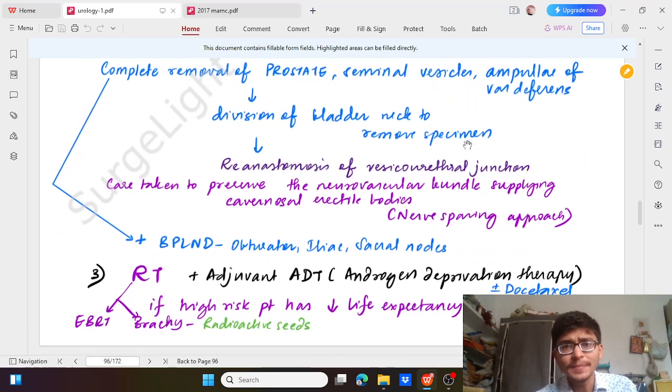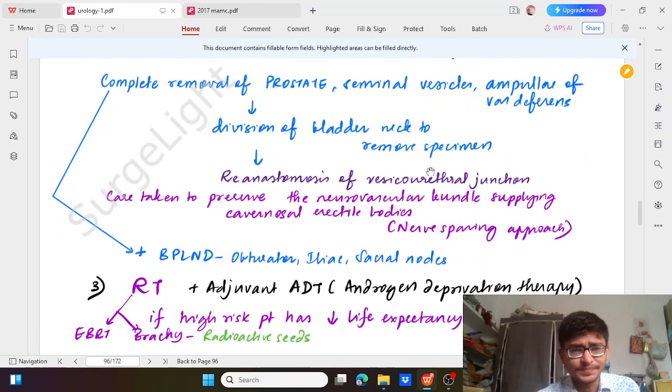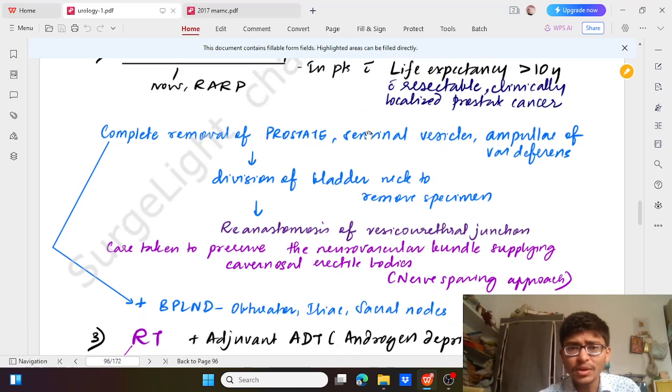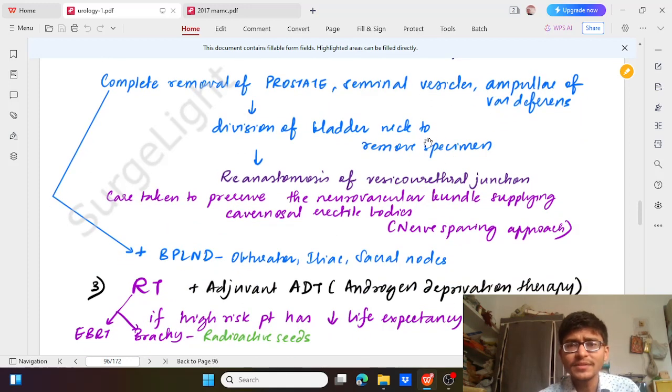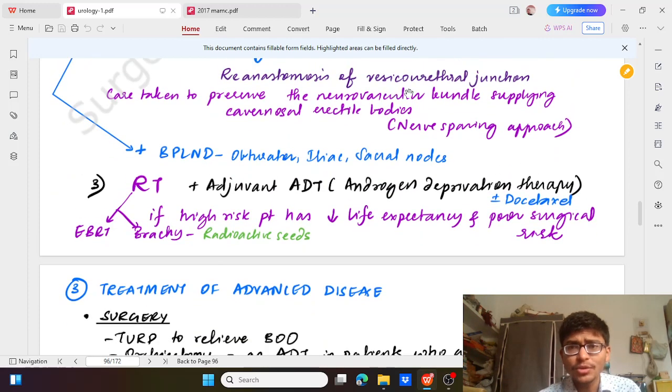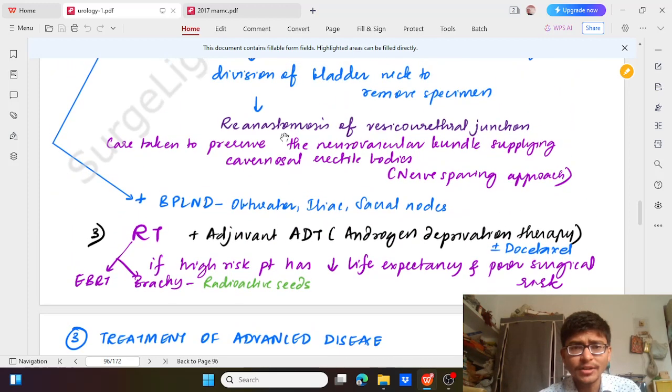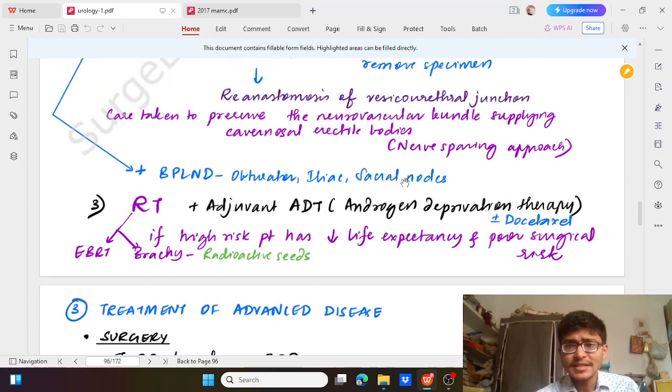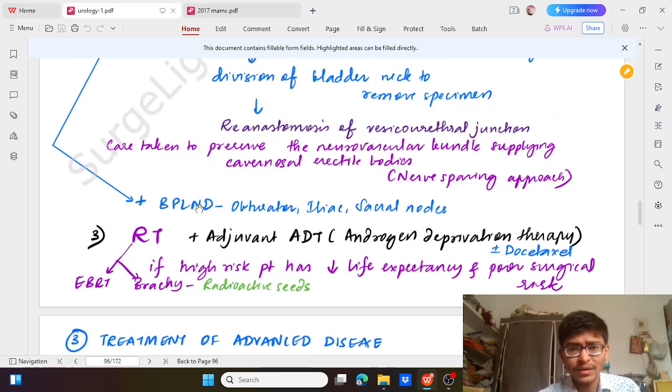How we go for the surgery: complete removal of the prostate, seminal vesicles and ampulla of the vas deferens, division of the bladder neck to remove the specimen, then reanastomosis of the vesicourethral junction, taking care not to injure the neurovascular bundle supplying the cavernosal erectile tissue. That is the nerve sparing approach of radical prostatectomy.